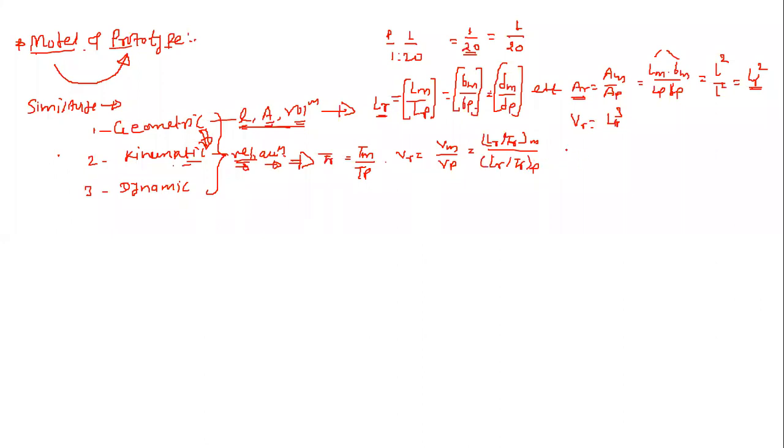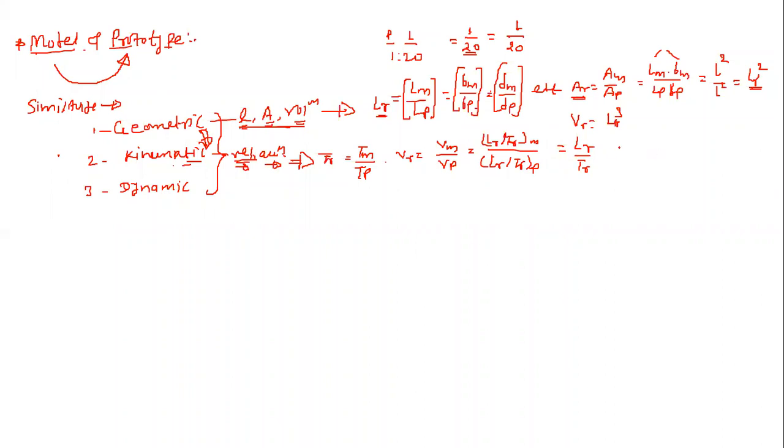In general, it is the ratio of the length scale ratio and the time scale ratio: length of model by length of prototype, time of model by time of prototype. This is the velocity scale ratio in kinematic similarity.